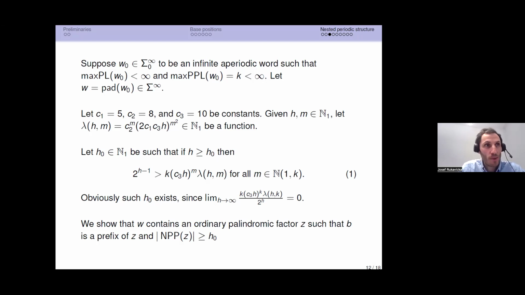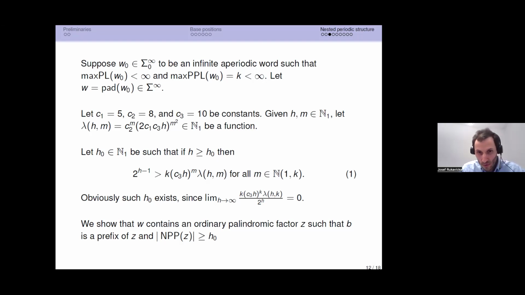For this, I use some other result that has already been presented in some other paper. If I have an infinite aperiodic word such that the palindromic length of its factors is bounded, then there is an infinite suffix that has infinitely many palindromic prefixes.